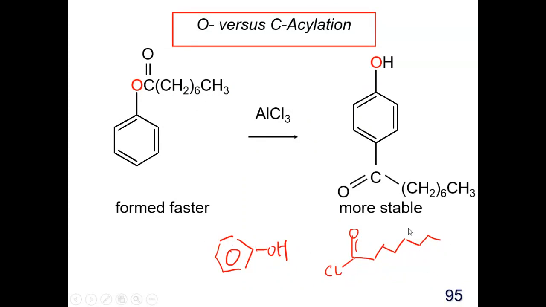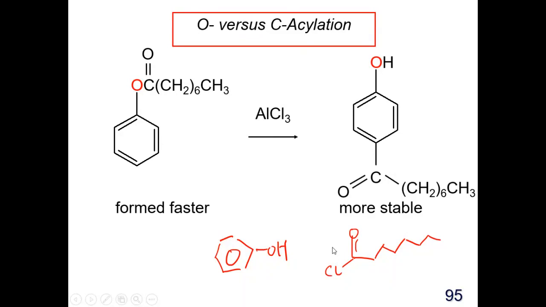If these two react in the presence of aluminum chloride, and if you forgot, go back to chapter 13 to check again, aluminum chloride is a powerful Lewis acid, and will take one chloride away from acyl chloride, giving you an acylium cation. That acylium cation will react with the ring.